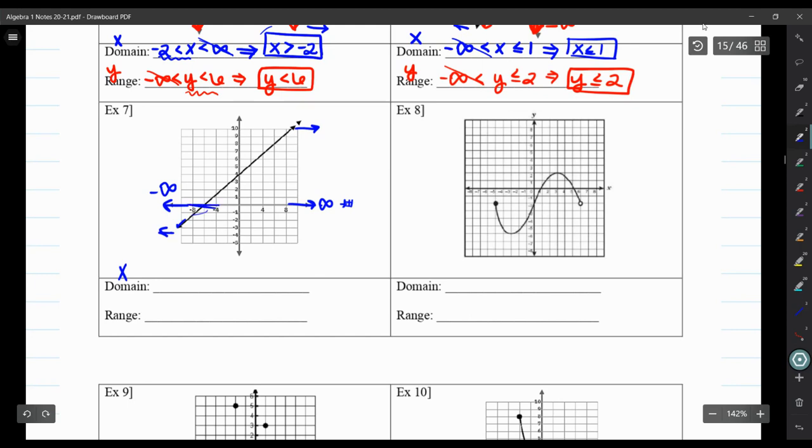Well, if I shade this, you're shading the entire x-axis. All of those numbers are possibilities, from the smallest possible number to the largest possible number. We can write this 2 ways. We can write this as negative infinity less than x less than infinity, or a simpler way to say it is all real numbers.